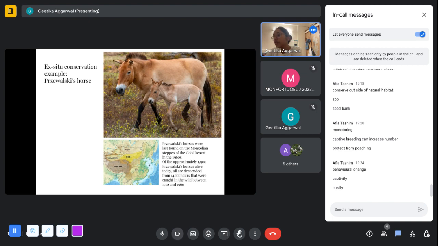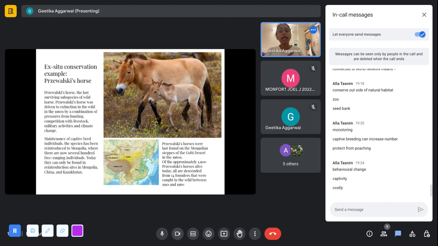This desert basically has a very cold and dry climate, and this population was facing local extinction. It was last found in the 1960s, but now because of ex situ conservation, because of intervening with the population, it was brought back. As I mentioned, it's the last surviving subspecies of wild horse.